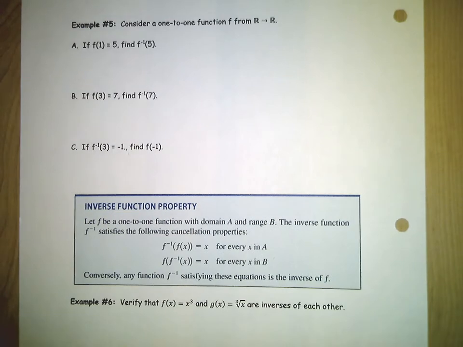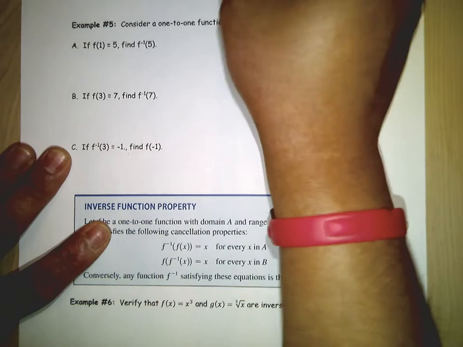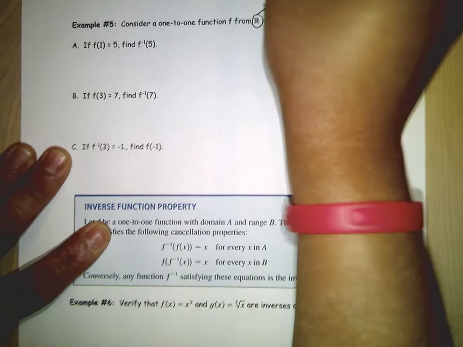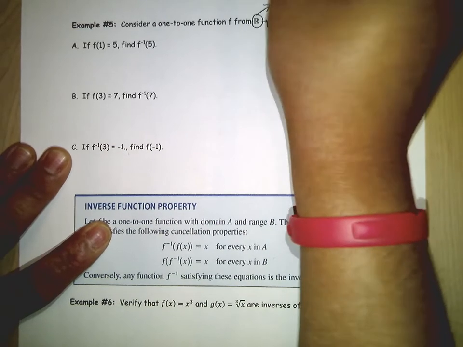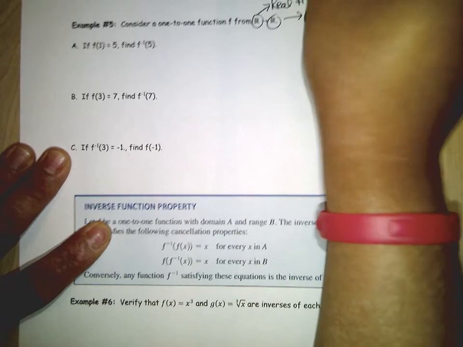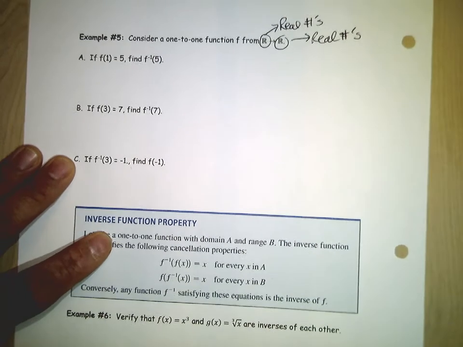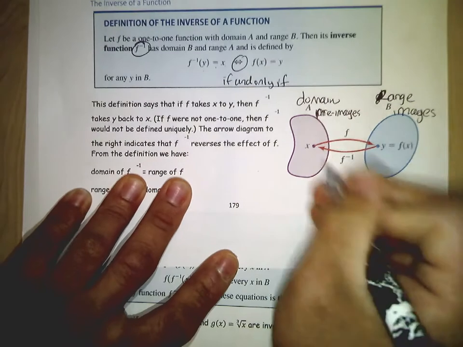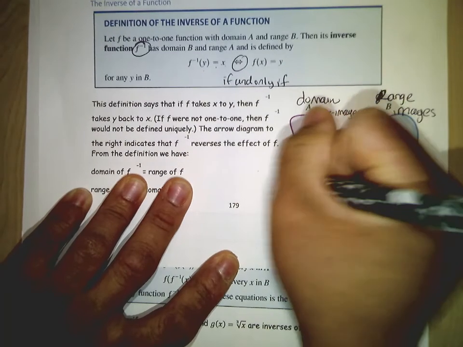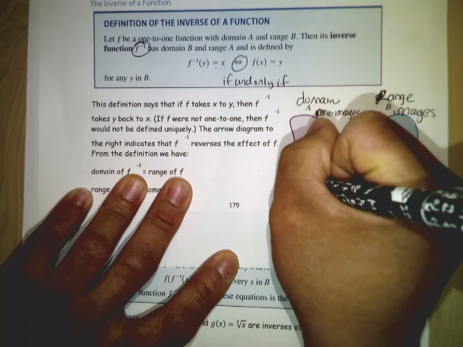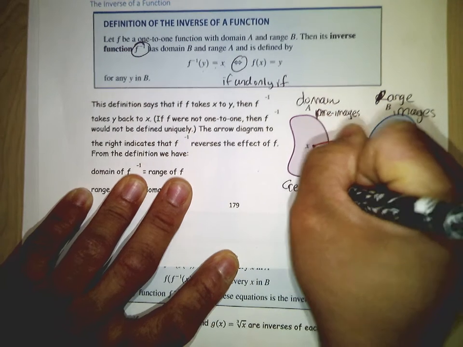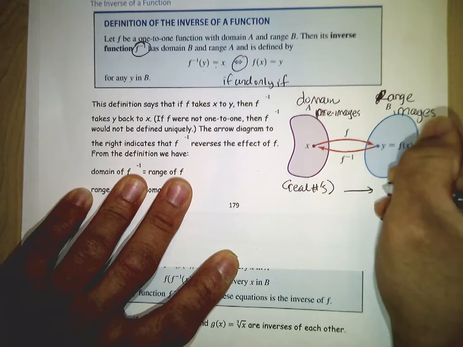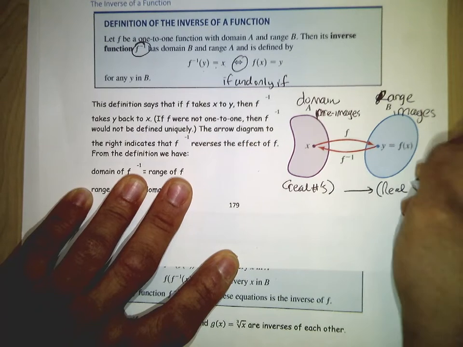So consider a 1-to-1 function f from R to R. So this is from the real numbers to the real numbers. All this means is that the numbers in the domain have to be real numbers, and then all the numbers over here would be real numbers.